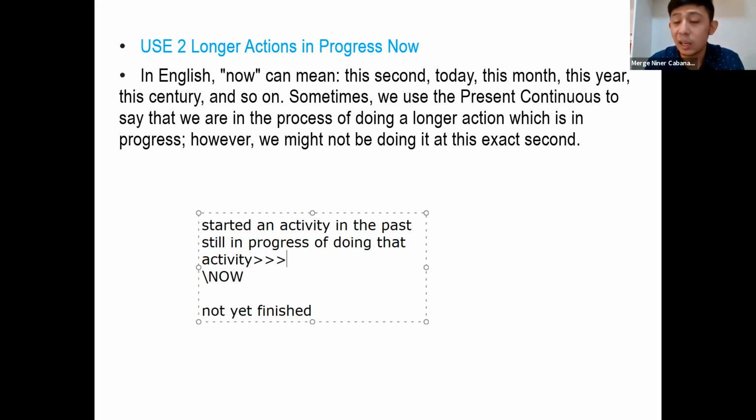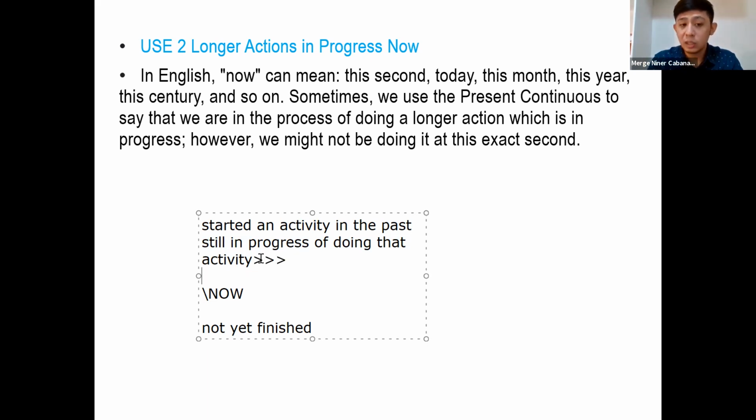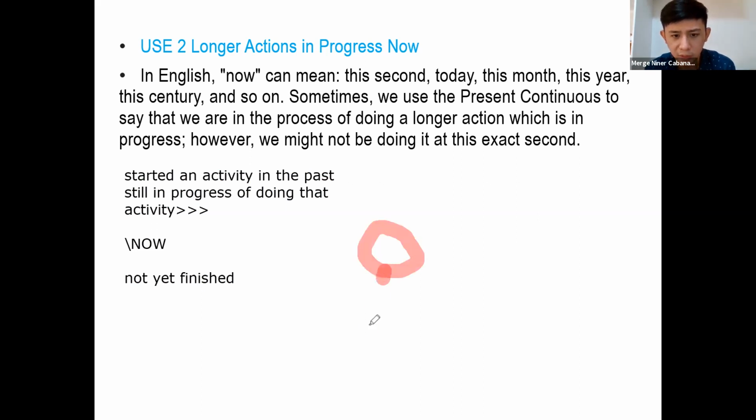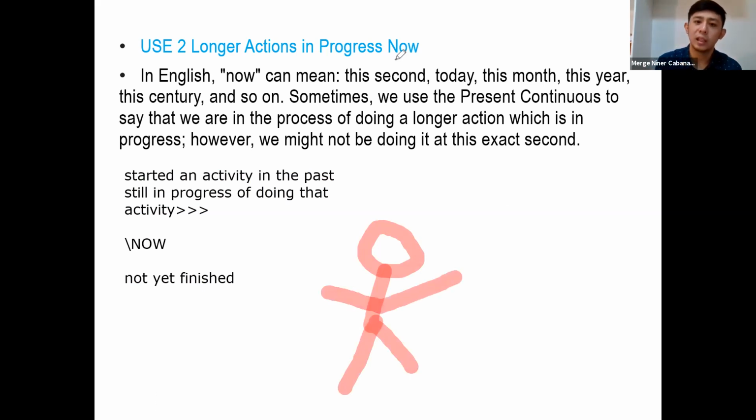Now, this one, still in progress of doing that activity, does not necessarily equate that you are actually doing that activity at this very moment. Here's an example. You were walking, and suddenly you bumped into your friend at, let's say, McDonald's. So here's you, and here's your friend.